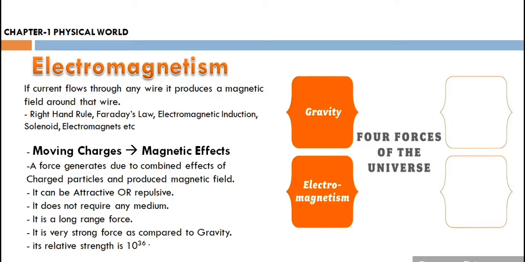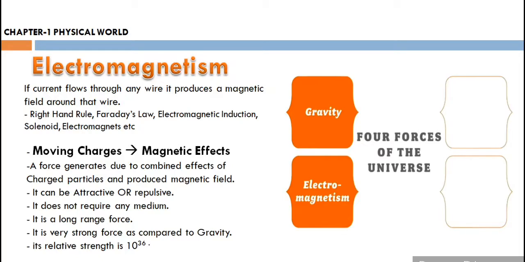Remember that for fundamental forces in nature, each force must have 4 minimum points. Out of that some may be common, like what the definition will be, whether it is a long range or short range force, what is the relative strength. So these basic points in all 4 forces you have to take care.